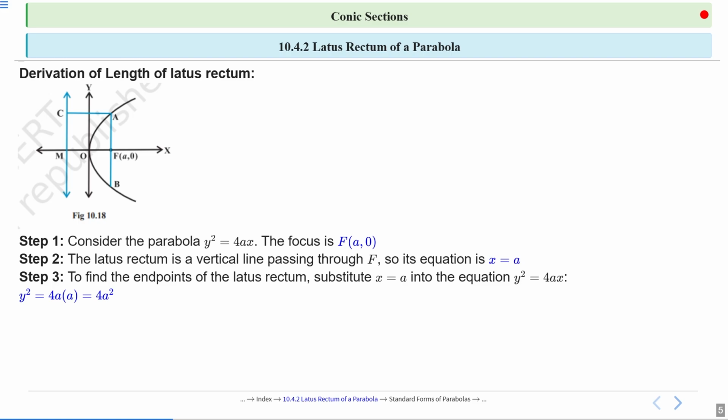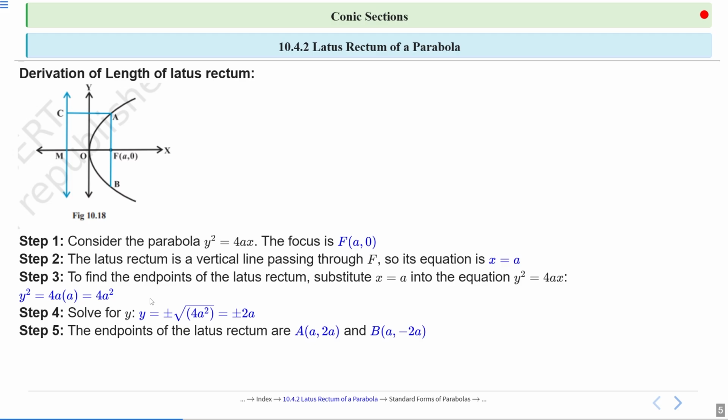Now we have to solve for y. In step 4, if we take the square root on both sides, we get y equal to plus minus square root of 4a square, which is plus minus 2a.